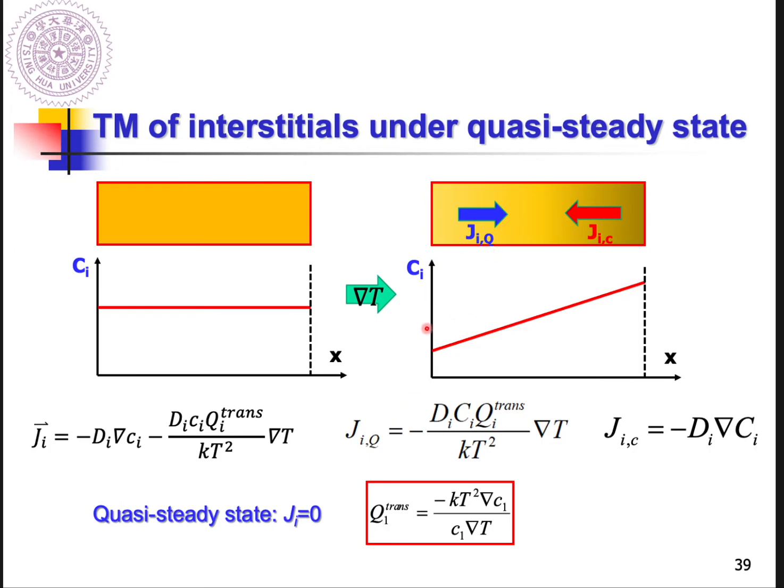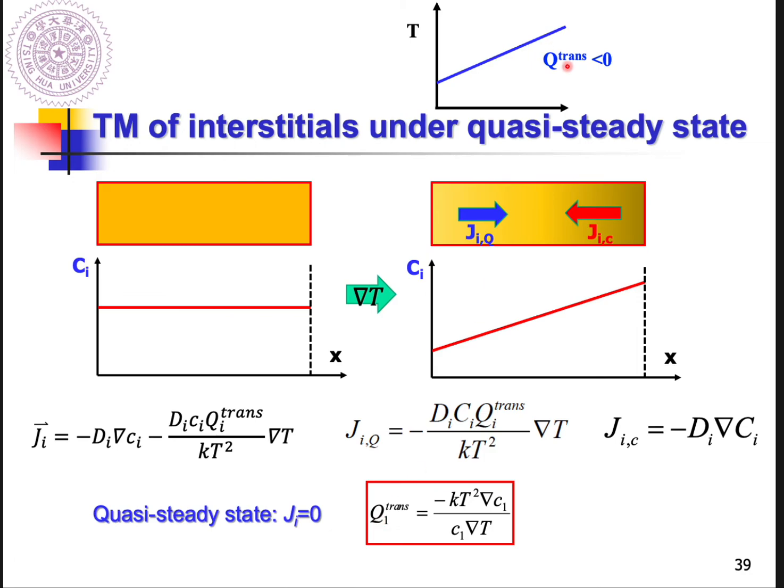Based on these results, this concentration profile gradient is positive, right? So positive and negative, so the upper part is negative. So if the temperature gradient applied on this material is positive, then negative divided by positive, the heat of transport will be negative.